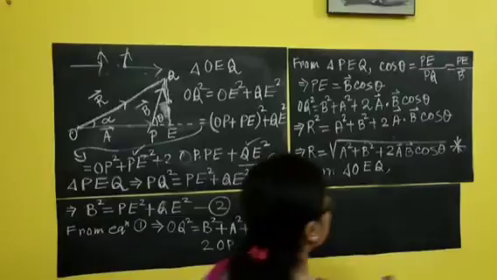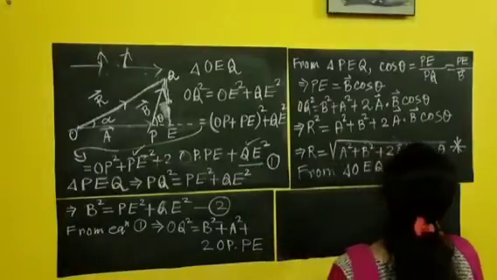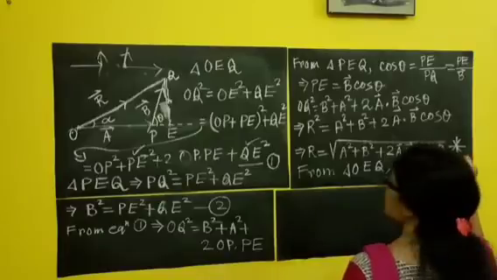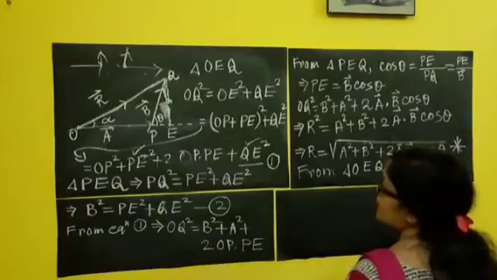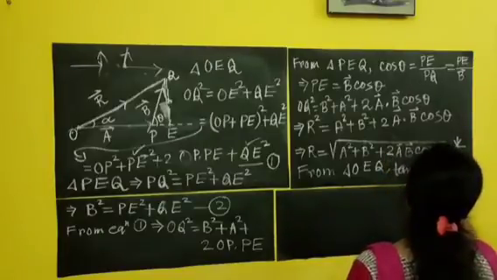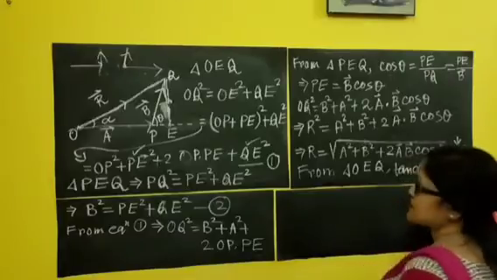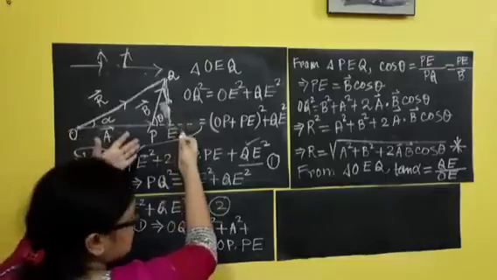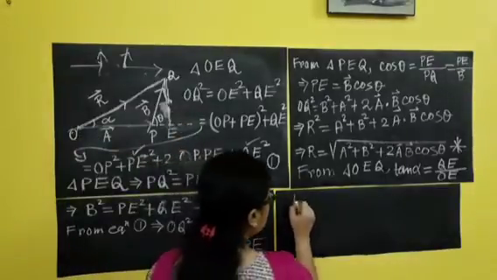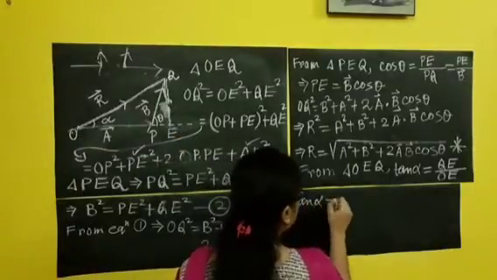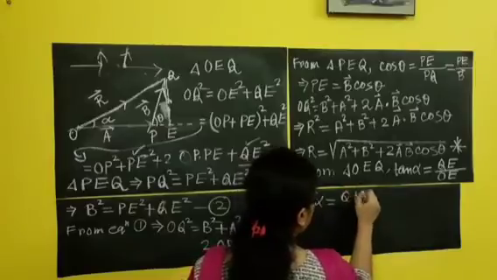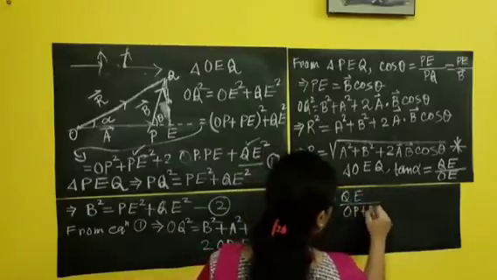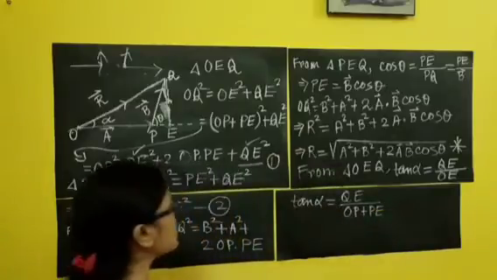So tan alpha equals QE by OE. Clear? OE means OP plus PE, as I stated earlier. So therefore tan alpha equals QE by OP plus PE. I think there is no confusion.